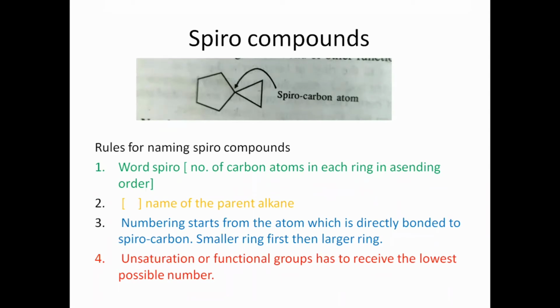Whenever you have to name these Spiro compounds, you will start with the word Spiro, then write the square brackets. In the square brackets you will mention the number of carbon atoms in each of the rings, excluding the common carbon, in ascending order separated by a dot. What does that mean? We will see.